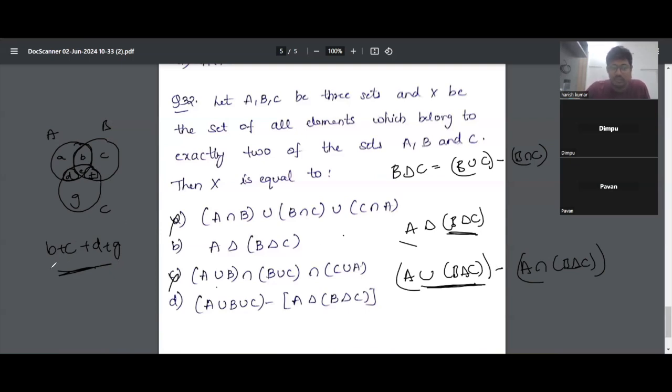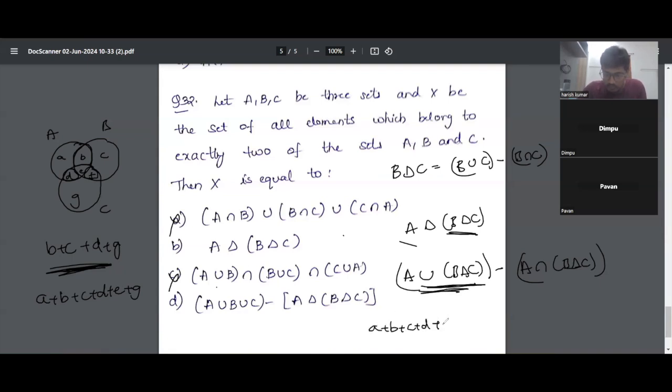B delta C I got already: B plus C plus D plus G. Now the union with A: I'll get A, D is already there, and I'll get E as well this time. So A plus B plus C plus D plus E plus G. This is my A union B delta C. Understood, guys? Still here?